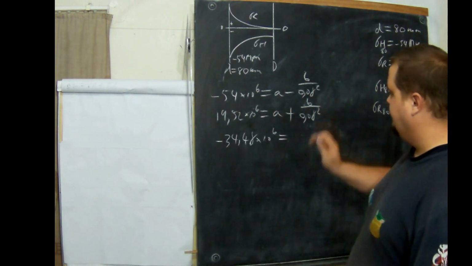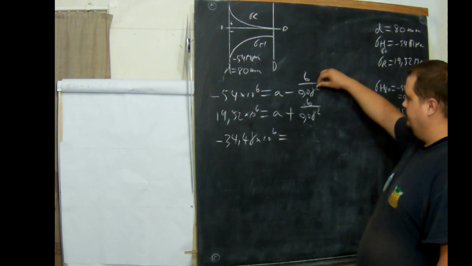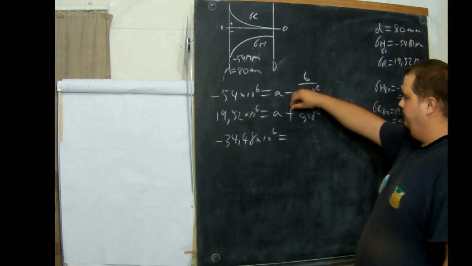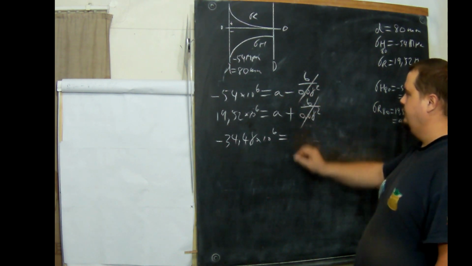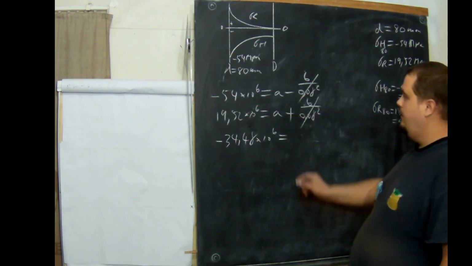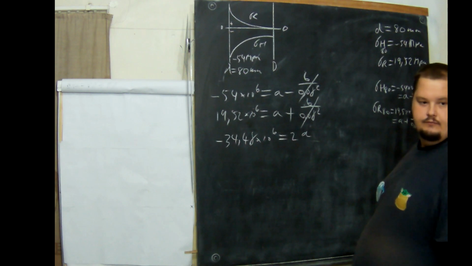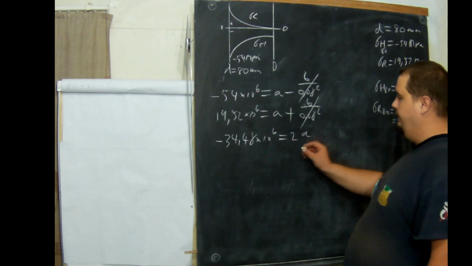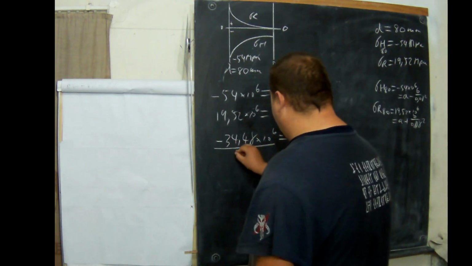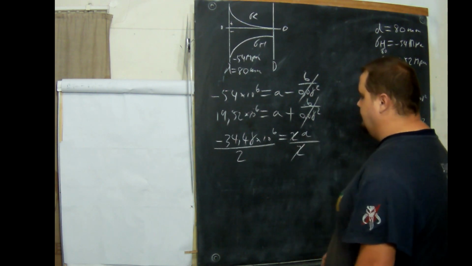Now we've dealt with that side. Minus B over 0.08 squared plus B over 0.08 squared, those two cancel each other out. A plus A is 2A. Very simple math. Now all we have to do is divide that by 2, and 2 and 2 cancel.